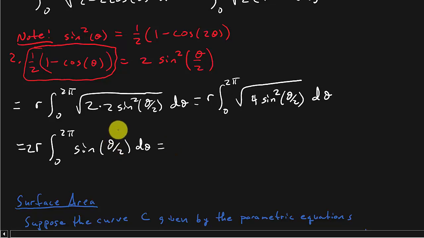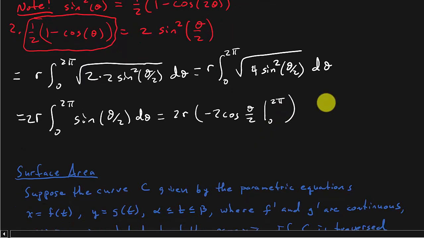And then once again, you can use the u substitution right here. So that's going to be 2r times, what? Negative 2 cosine theta over 2 from 0 to 2 pi. And so that is going to give me 2r times negative 2.